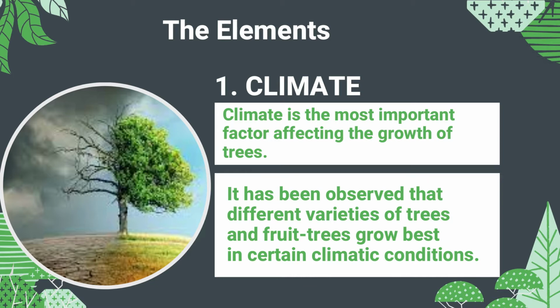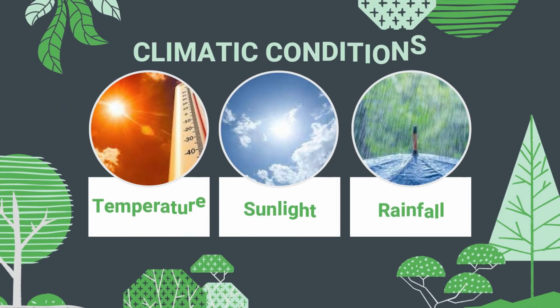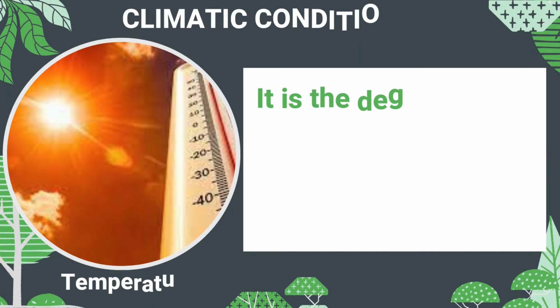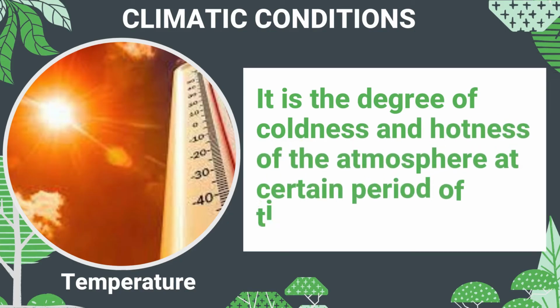So in our diagram, we have the temperature, sunlight, rainfall. Now, we are going to define each term. So under climatic condition, we have the temperature. What is the definition of temperature?